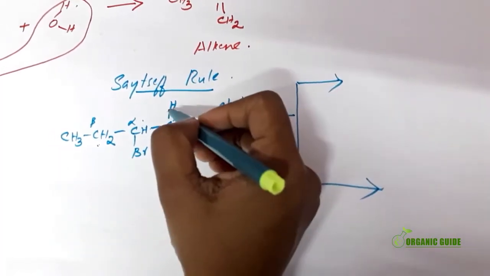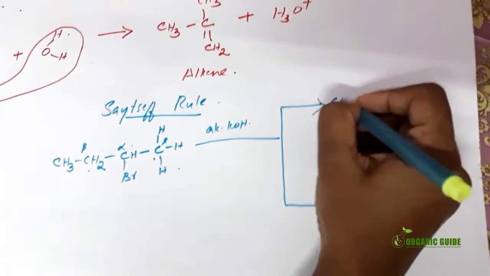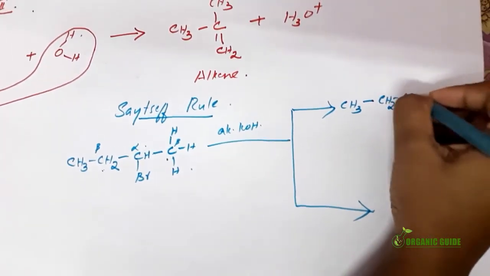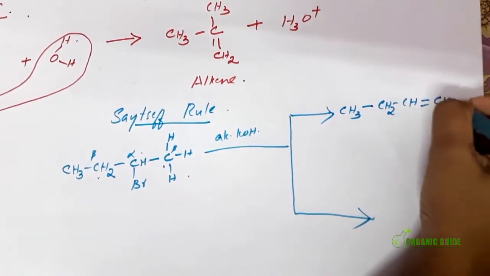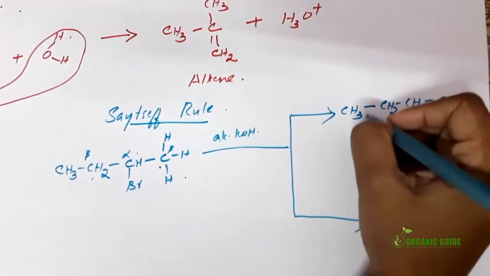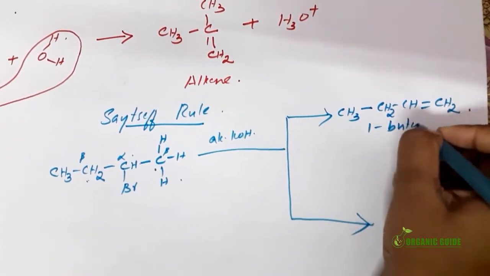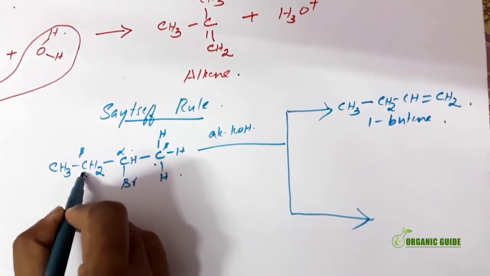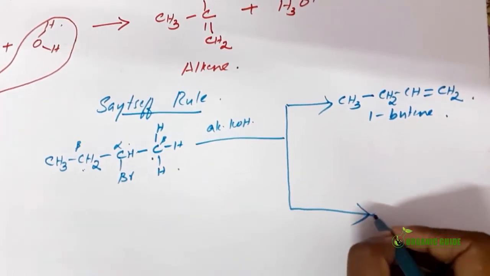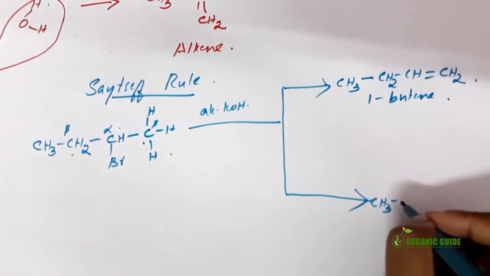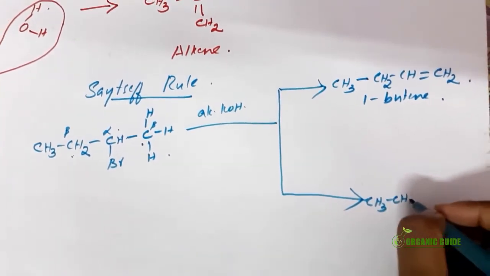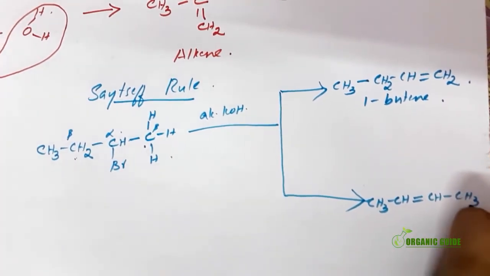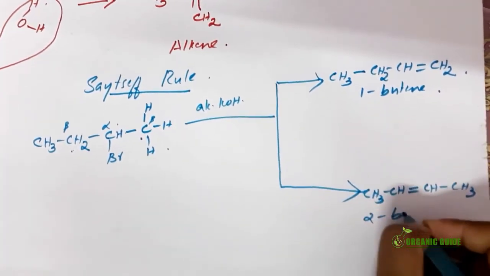If hydrogen is eliminated from this carbon, our product will be CH3CH2CH=CH2, that is 1-butene. And if hydrogen is eliminated from this beta carbon, our product will be CH3CH=CHCH3, that is 2-butene.